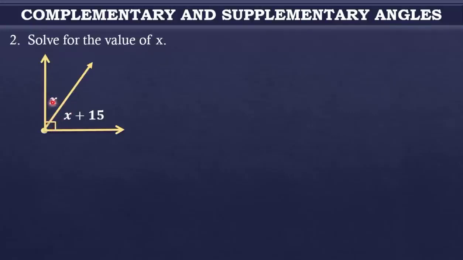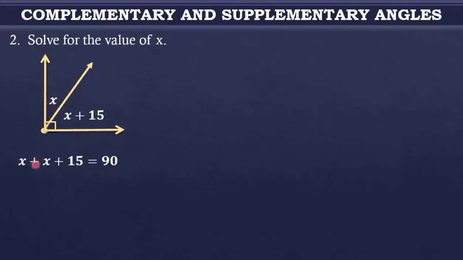So, since meron tayong unknown, apply natin yung concept ng complementary angles na binanggit natin sa part 1 ng video na to. So, ang sabi doon, the sum of the measures of complementary angles is 90 degrees. So, ibig sabihin, ito at ito, pag pinagsama mo, dapat 90 siya.